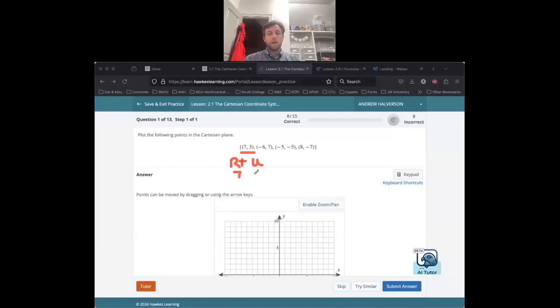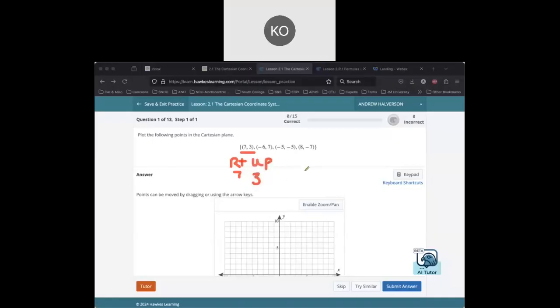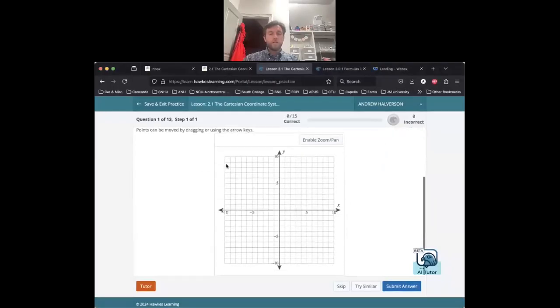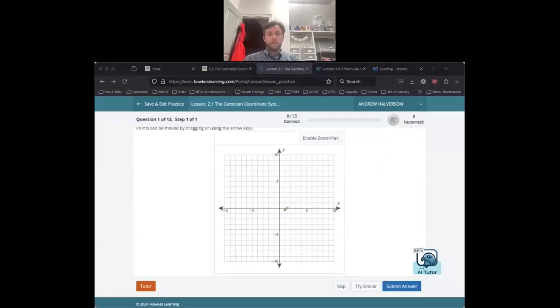Good. So come down here, right 7, so here's the 7 line, and then up 3, there's my dot right there. That's what this question is all about: taking the ordered pair and turning it into a dot, plotting it on the point.